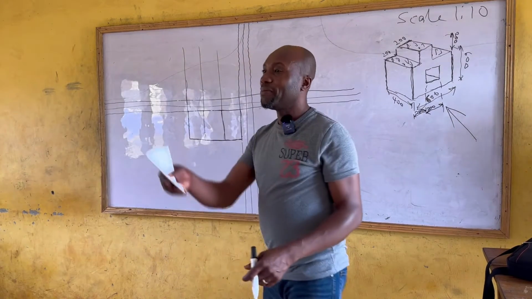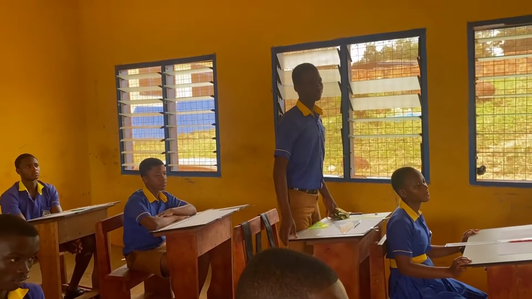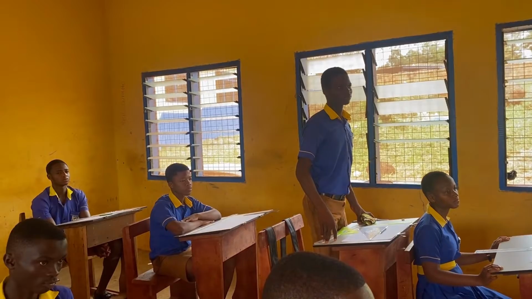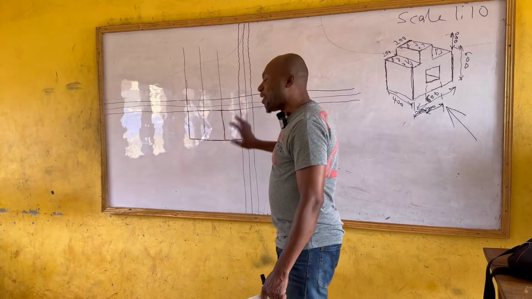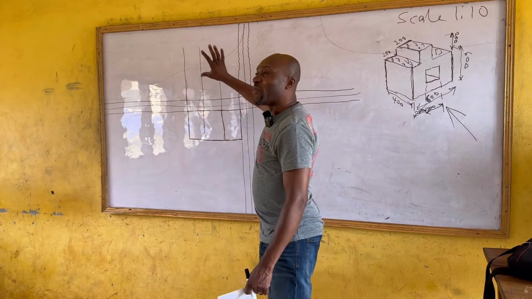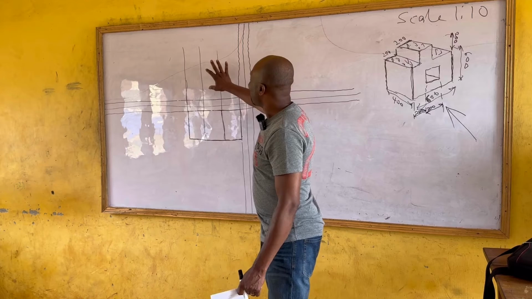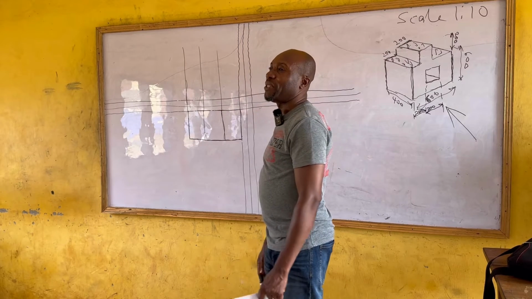I want to ask, can we also start from the end elevation? No. Before you can get the end elevation in orthographic projection, you need to get the front view in first angle projection. You need to get the front view or the front elevation, the plan, before the end elevation.